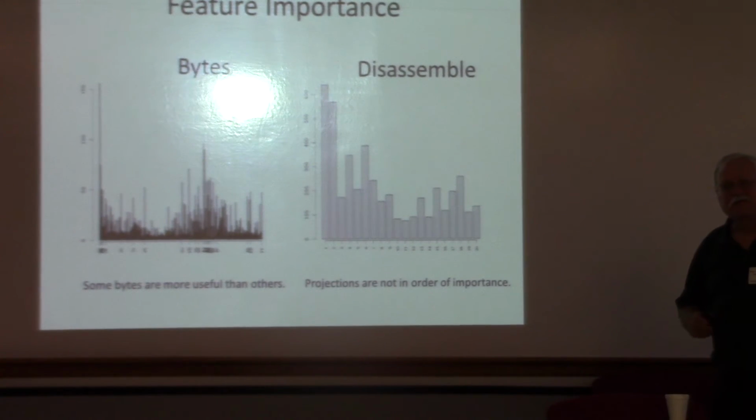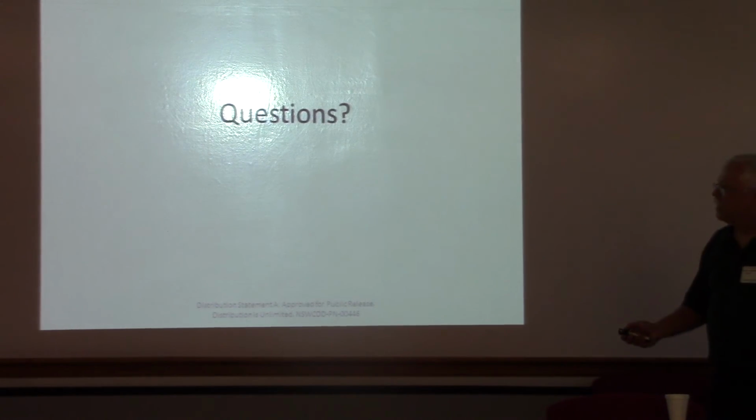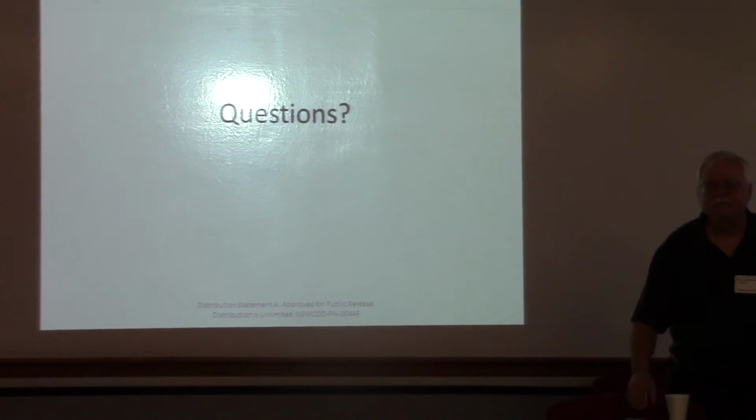And that's critical information, and it's because the bytes correspond to actual machine code. And so they are relevant to what the thing does. It's not enough to figure out exactly what the thing does, but it's enough to say, oh, this is this type of malware. Any other questions?